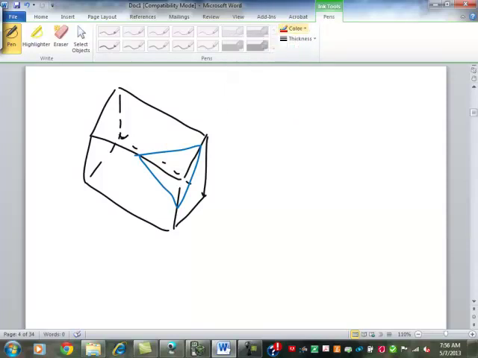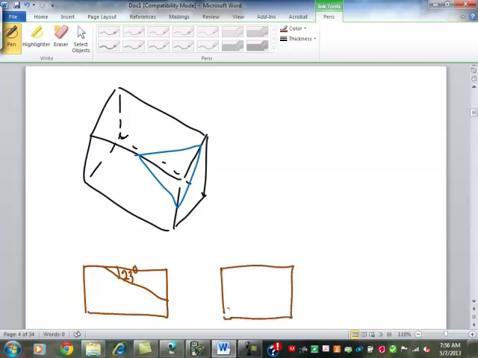If we're looking at it from the end here, this is a 23-degree angle. Or from the side, I should say, it's a 23-degree angle. From the end here, it is a 31-degree angle.